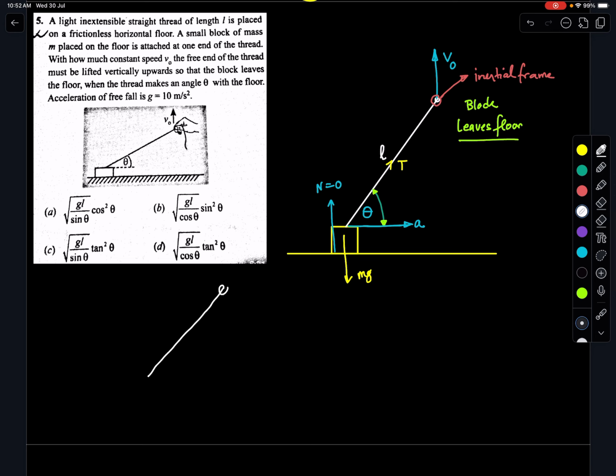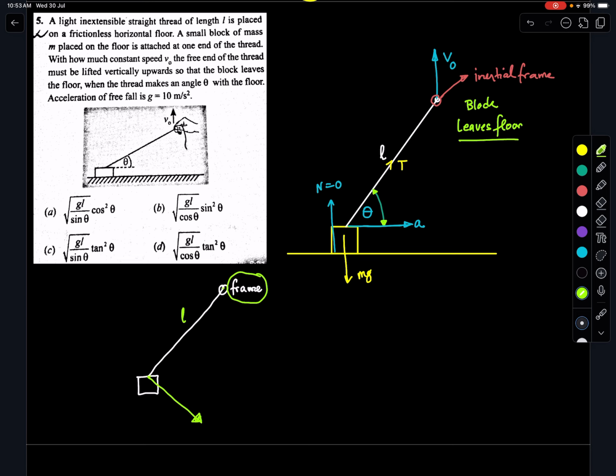So let this be the frame of reference and this is the block. With respect to the frame, obviously the block will have a velocity this way, because with respect to this fixed point this is the length.